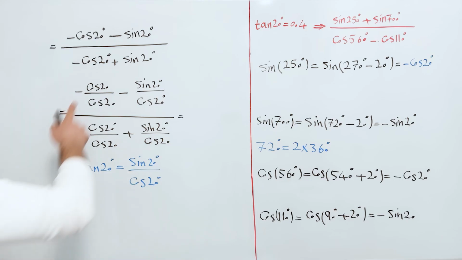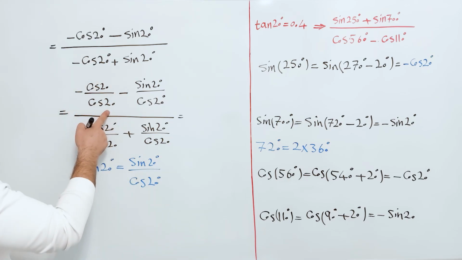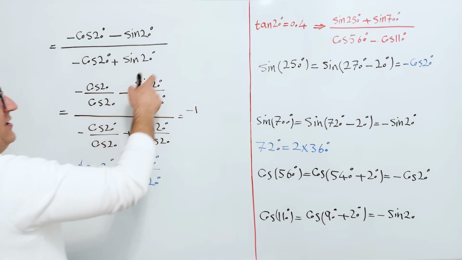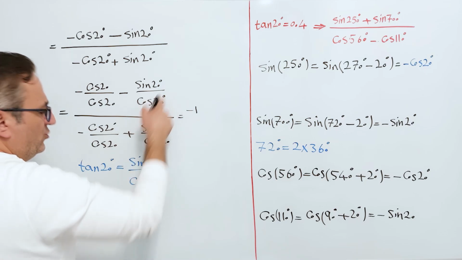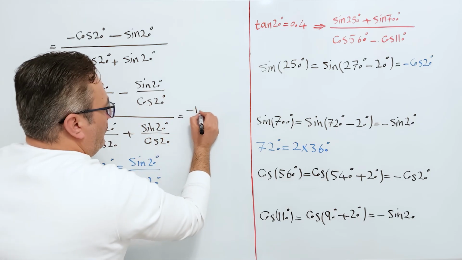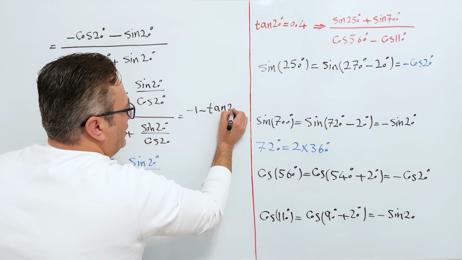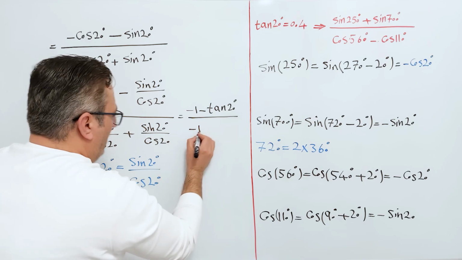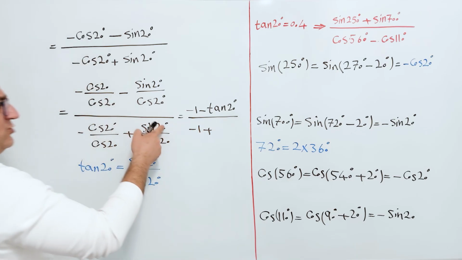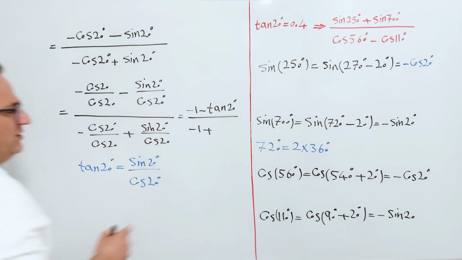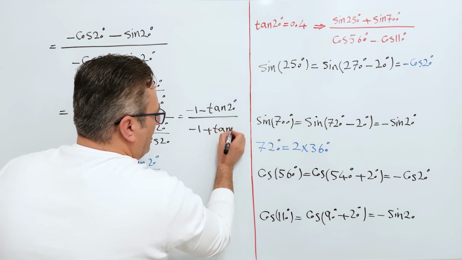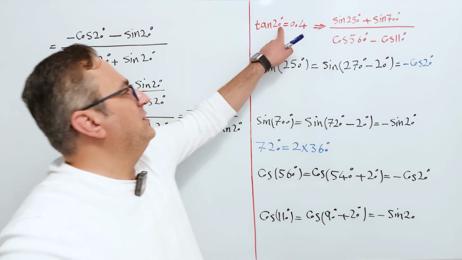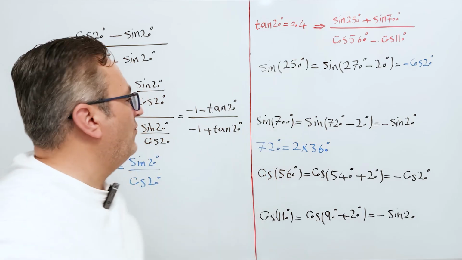Okay, so here is equal to 1, so we have minus 1 minus sine 20 degrees divided by cosine 20 degrees, which is minus tangent of 20 degrees, divided by minus 1 plus sine 20 degrees divided by cosine 20 degrees, which is tangent of 20 degrees. And we know that tangent of 20 degrees is equal to 0.4.